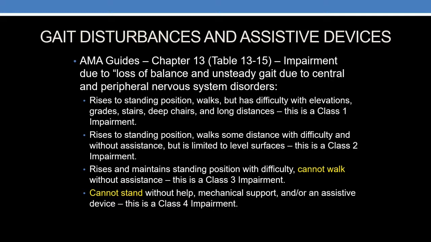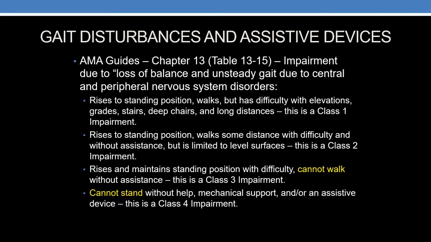This person rises to a standing position from the chair under their own power, walks some distance with difficulty but without assistance, but they're limited to level surfaces. So when it says that they walk some distance with difficulty, how would that look? It would look disrupted. It would look unbalanced. It would look labored. In other words, there would be positive objective findings for a Class 2 impairment.